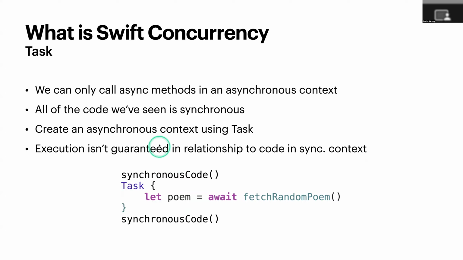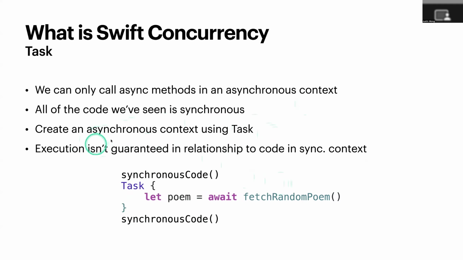What happens is that the code goes along and runs some synchronous code, it comes to this task, and then it schedules this block of code to be run at some future point in time. We don't know when. So one possibility is that the synchronous code after this task declaration can actually be run before the code in the task gets run.